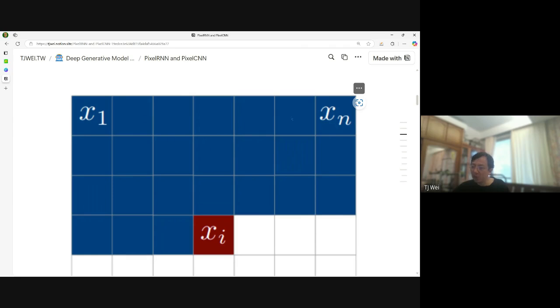While using this kind of order, although pixels next to each other are geometrically, spatially next to each other, we are not using all the information.